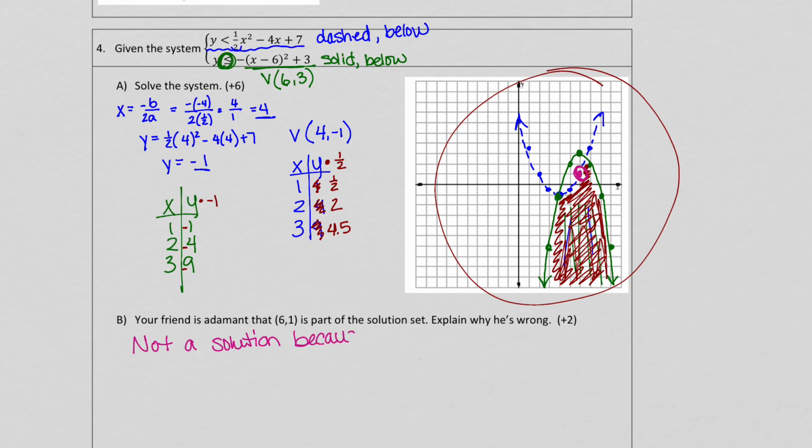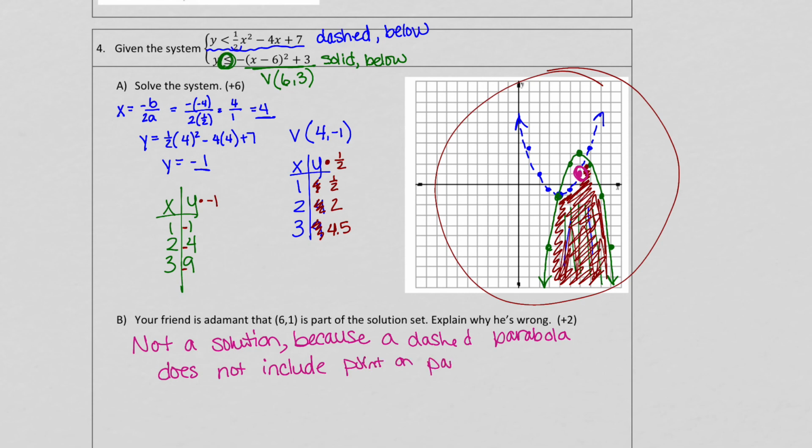because a dashed parabola, or you could talk about the symbol up above that it has, the less than, does not include points on the parabola itself or something like that.